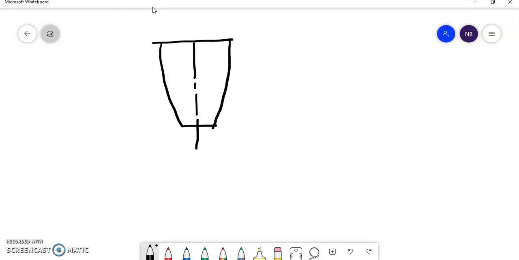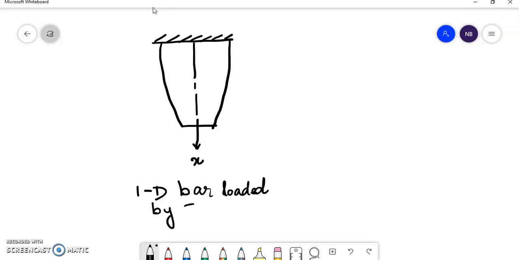As you see, the cross section of this is varying. This is my direction X. The bar is fixed at the top end. This is a one-dimensional bar loaded by traction force, body force, and point load.